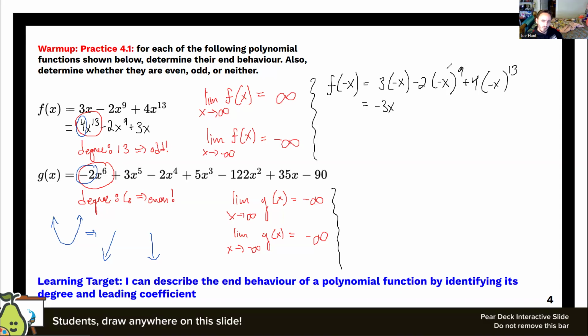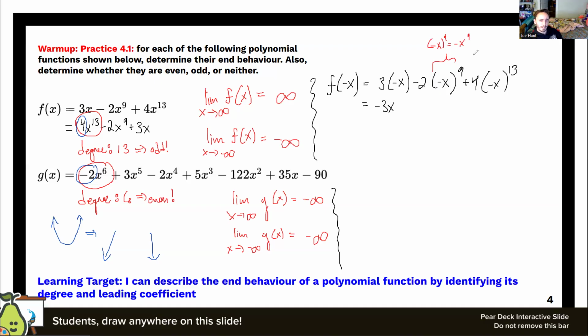For negative 2 times negative x to the 9th, I have to figure out that power term first. A negative number times itself 9 times in a row is still going to come out negative. So this negative x to the 9th is going to look like negative x to the 9th.